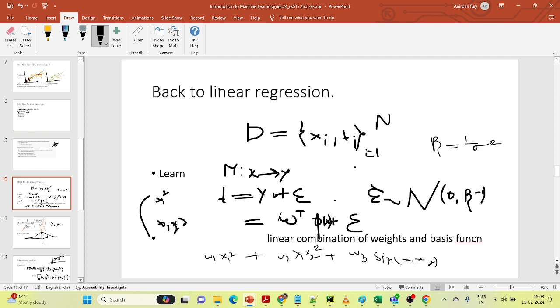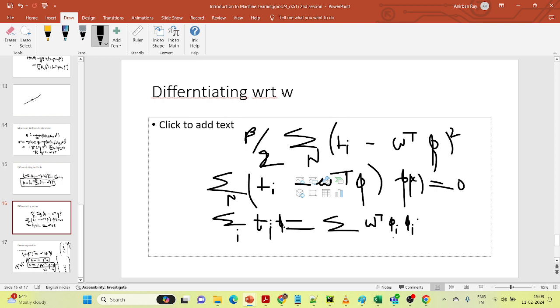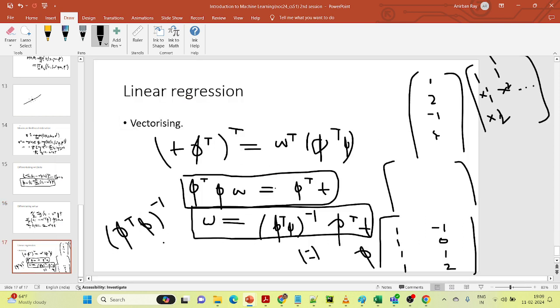Okay, like this a vector. So phi was a vector here. Now when we are writing this equation, phi is now a matrix such that each row is our vector corresponding to one training example.